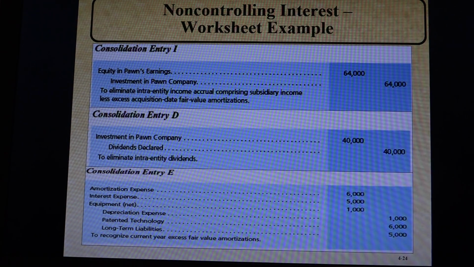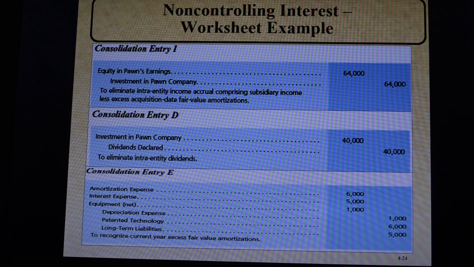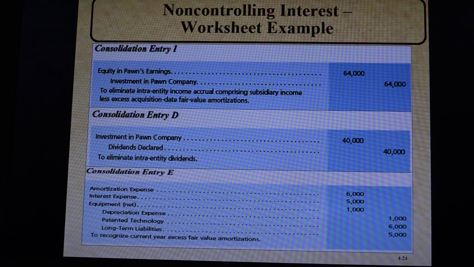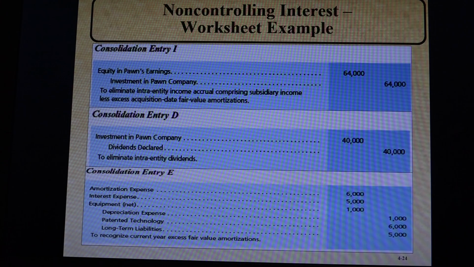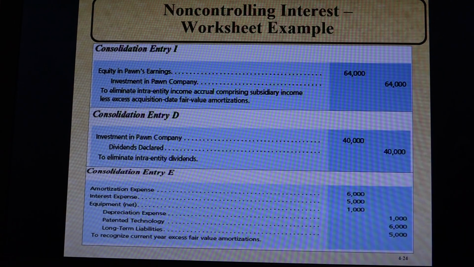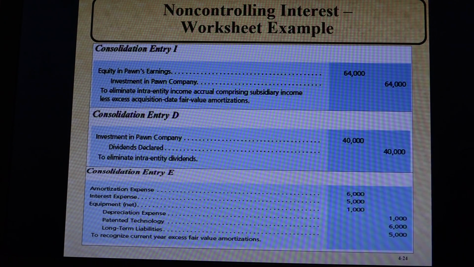And of course, of the $50,000 dividends that have been paid, 80% of that is attributable to King, so they have to, in this consolidation entry D, back that out. So investment in pawn company, 40,000, dividends declared, 40,000.